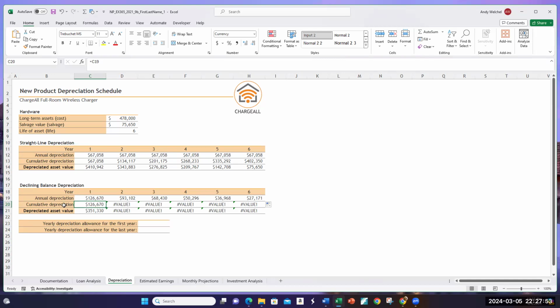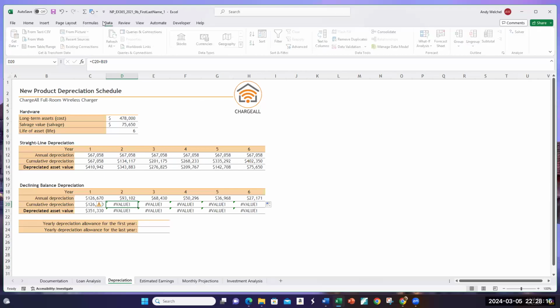The cumulative depreciation for year 2, what is that? It's going to be the cumulative depreciation from year 1, of course, added to year 2's depreciation. If you double click, or we can do trace precedence. I'll just show you because I guess it's cool to know how to do that.